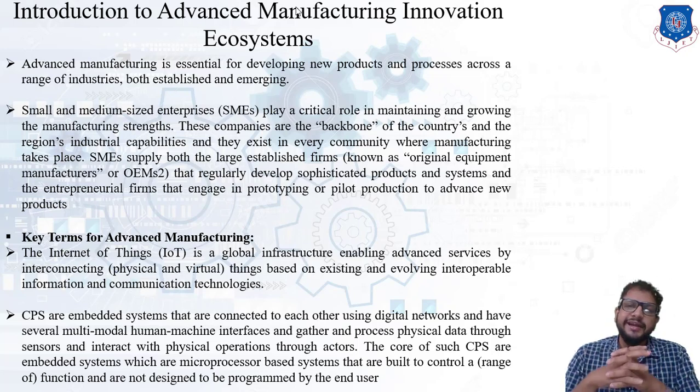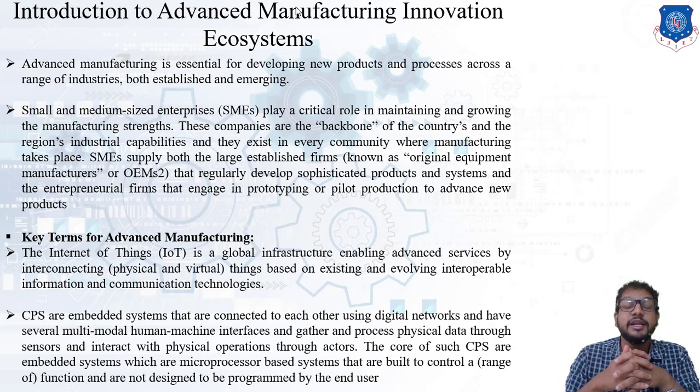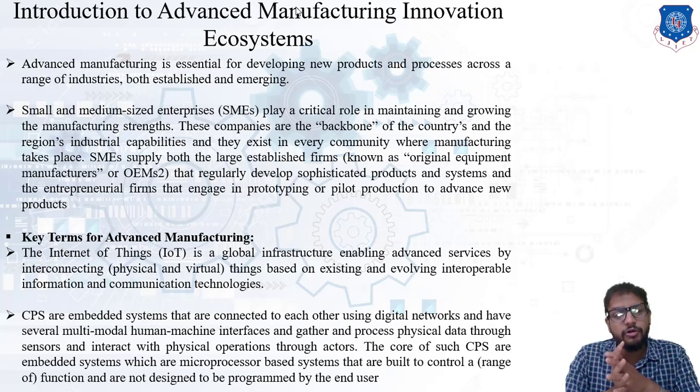So let us understand the key terms required for advanced manufacturing. The first main term is IoT. Remember that IoT, Internet of Things, is a global infrastructure which is required. And the second requirement is a cyber physical system, that is basically an embedded system. So let us understand what is IoT.